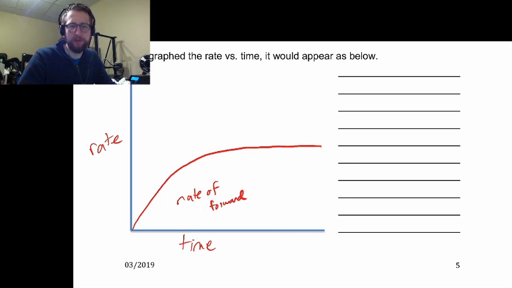All right, it's pretty consistent. So the rate of the reverse reaction is also going to slow down over time until it joins them.